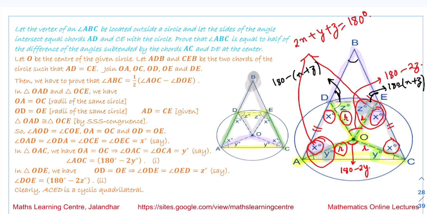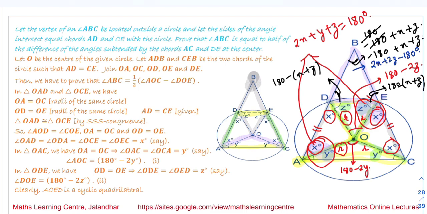So the value of angle at B, that is 180 minus (180 minus x plus z), then it is minus 180 plus x plus z. So these two 180 get cancelled. So the angle at B will be 2x plus 2z minus 180 degrees.